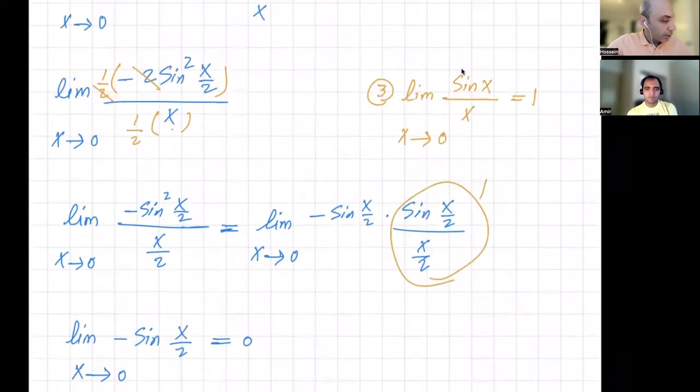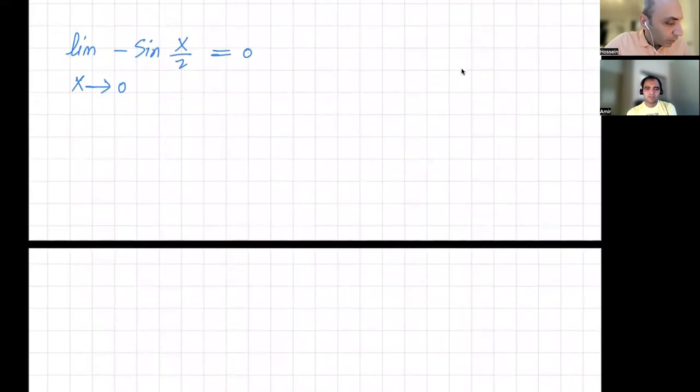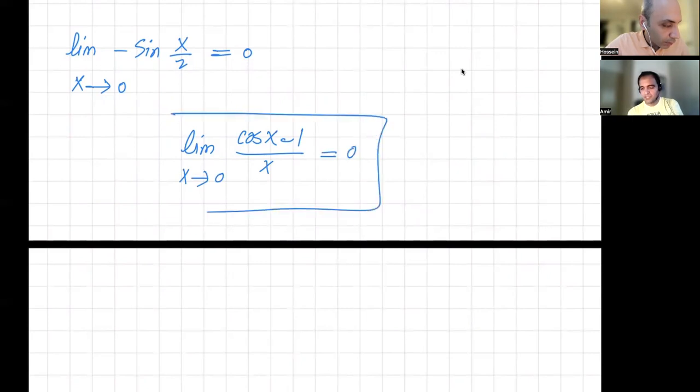Let me rewrite that down here. As a conclusion, we had the limit of cosine of x minus 1 divided by x when x is approaching 0 is equal to 0. That's correct, and very beautiful. You used a couple of trigonometric identities with one identity for the limit, the famous one, and you just replaced those values and obtained the final value.